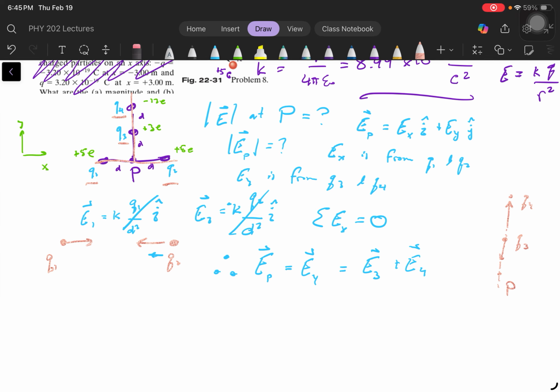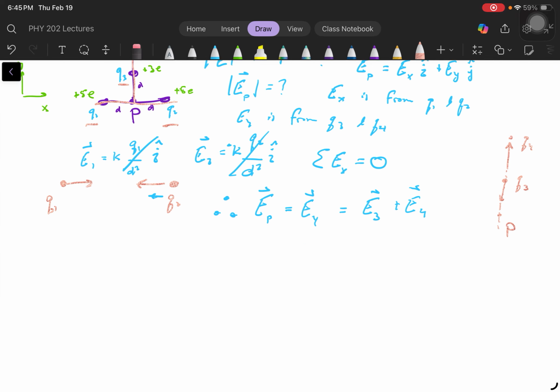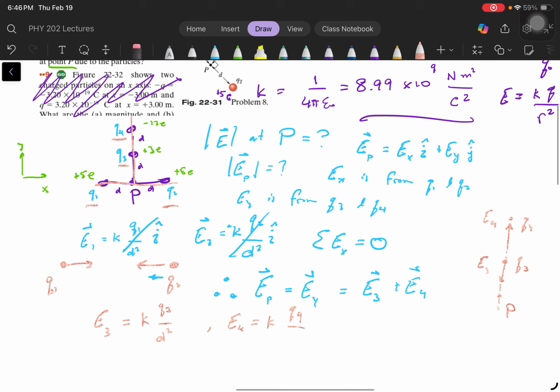Okay. And so we expect E3 to point down and E4 to point up in the j hat direction. And so we can say E3 is going to be equal to K Q3 over D squared, where E4 is going to be K Q4 over 2D squared.